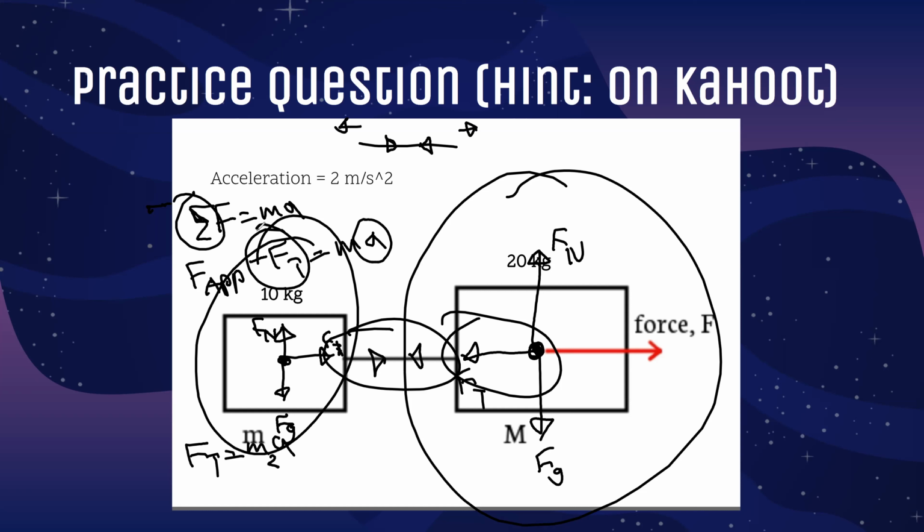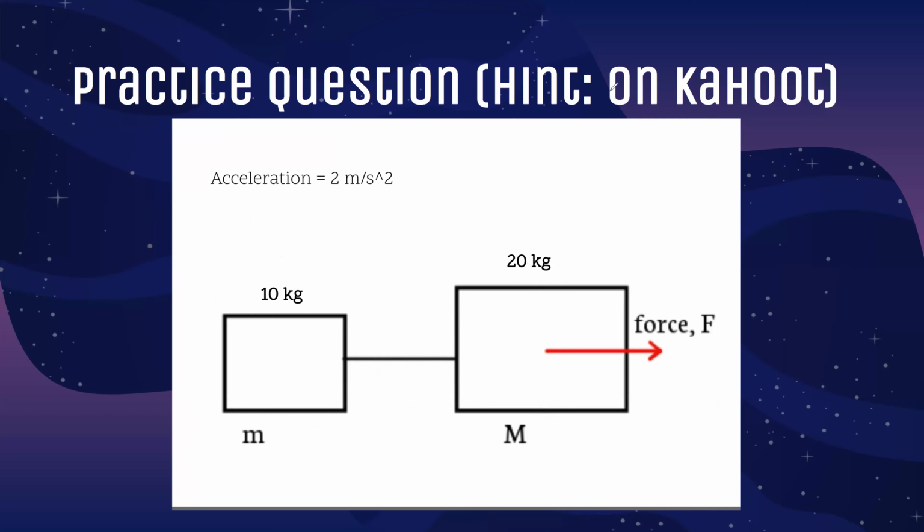So what you would do is, depending on if they ask you acceleration or if they ask you for tension, you would isolate that variable. So let's say they're asking you for tension. You would just take m2a, since you know FT on both sides is equal in magnitude, you could substitute this value into this equation. So you would get, okay, let me just rewrite everything.